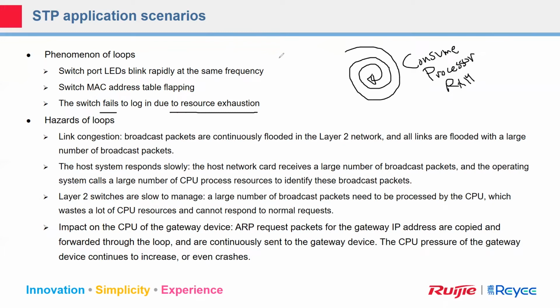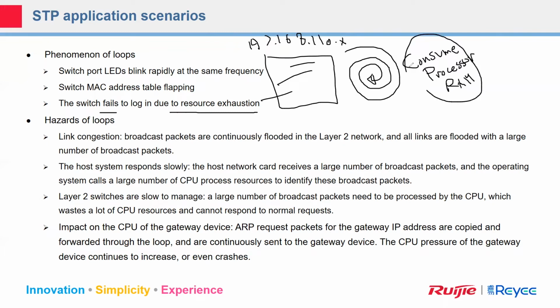So if you are trying to go to 192.168.110.x and it doesn't open, it might be a loop. It consumes the processor, the RAM, the whole device, so there is a loop. So this is the phenomenon of loops. These are three things that show you there is a loop.